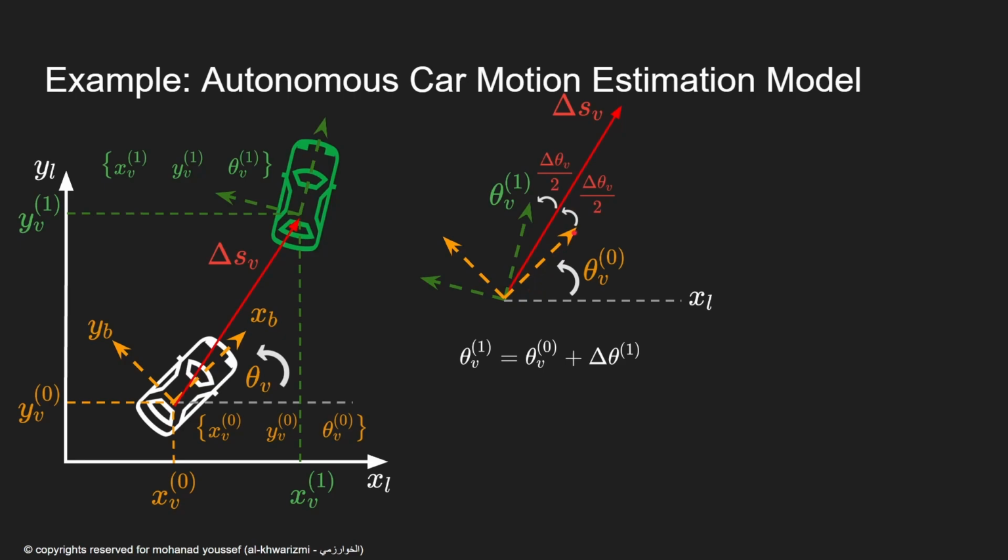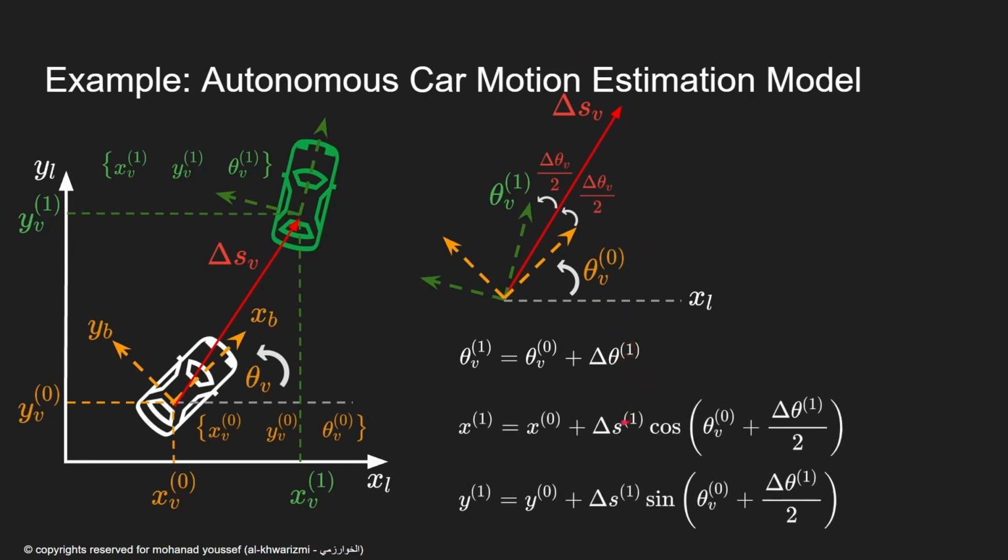So again, it has this initial orientation, rotated by half the delta theta, then moved delta s, and then rotated again by half the delta theta.